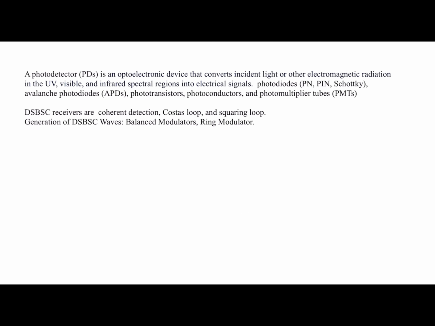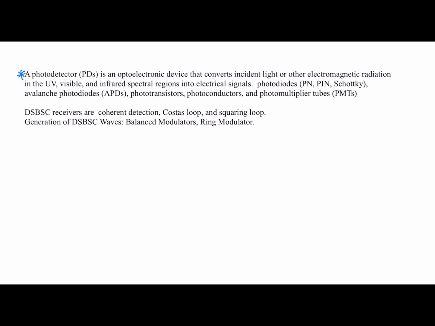A photodetector is an optoelectronic device that converts incident light or electromagnetic radiation in the ultraviolet, visible or infrared spectral regions into electrical signals. Examples are photodiodes, PN photodiode, PIN photodiode, Schottky photodiode, avalanche photodiode, phototransistors, photoconductors, photomultiplier tubes.